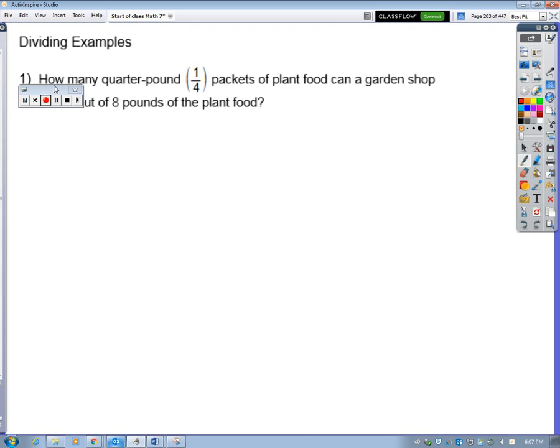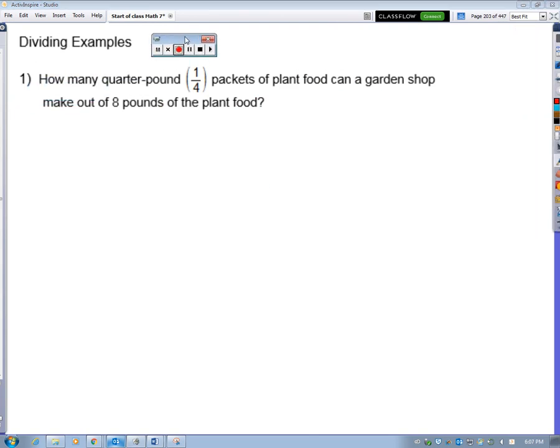Next, we have some division problems. Let's take a look at this division problem. We'll see if we can start being able to tell the difference between the division and the multiplying. Read through it first. How many quarter pound packets of plant food can a garden shop make out of 8 pounds of the plant food?